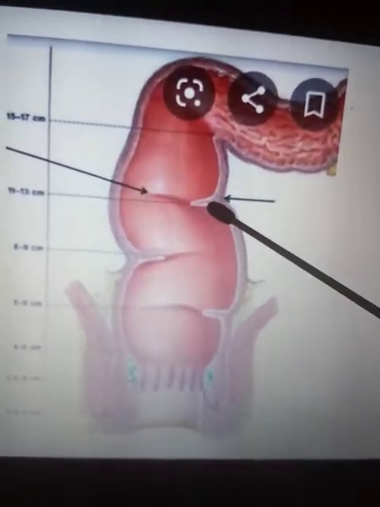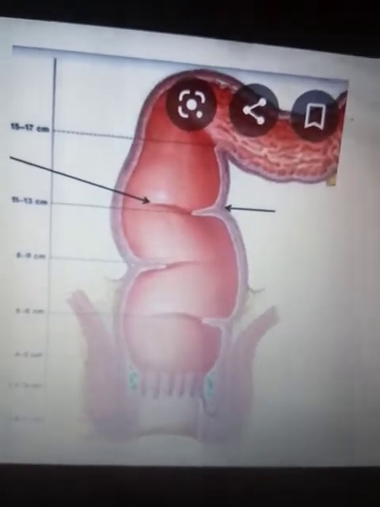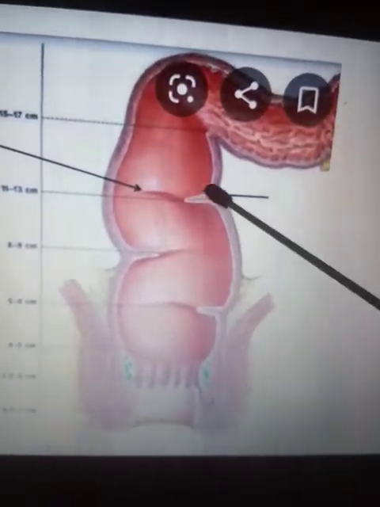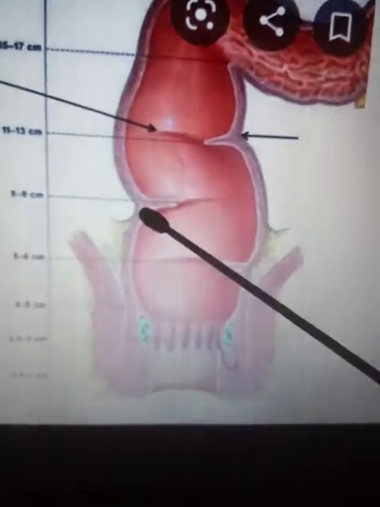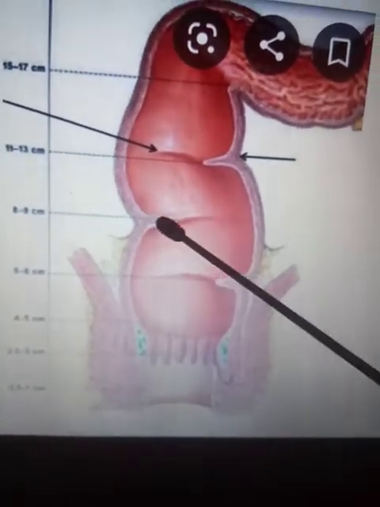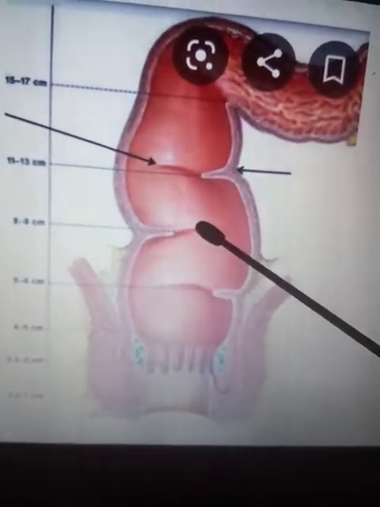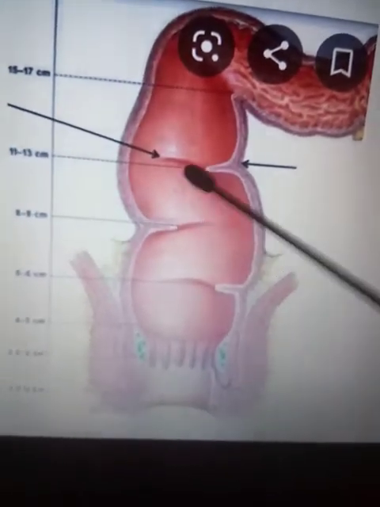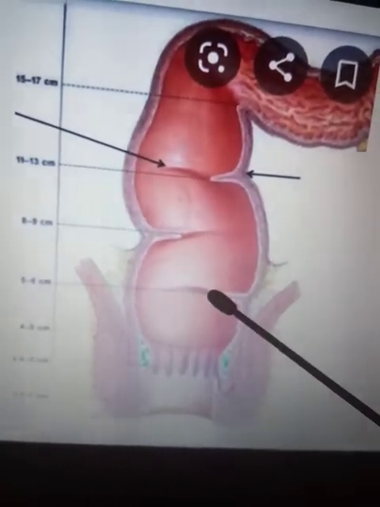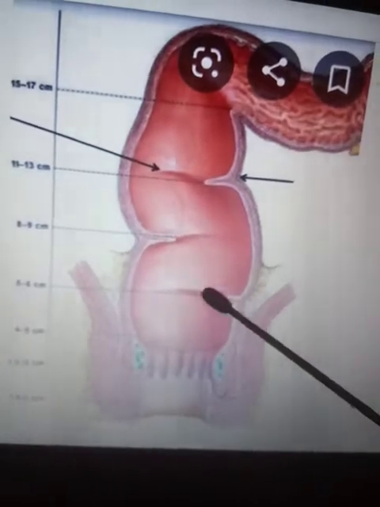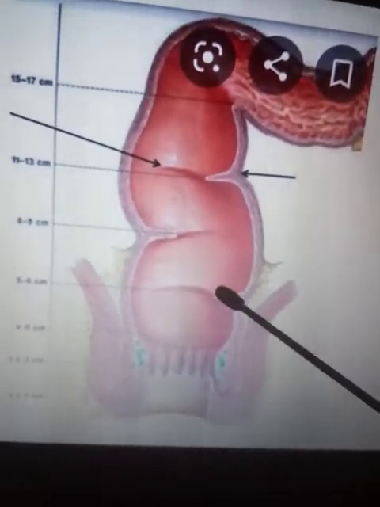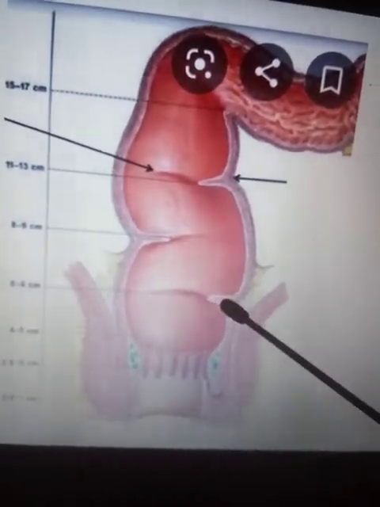This second fold can even constrict the lumen. Then you have the third fold, which is again on the right side. It is a constant, largest transverse fold, and after that you have the lowermost transverse fold on the left side. It is again not that important.